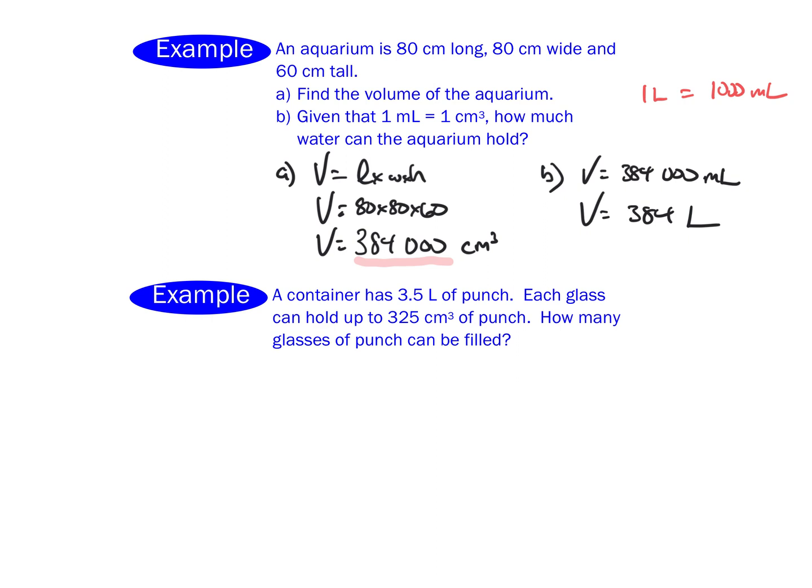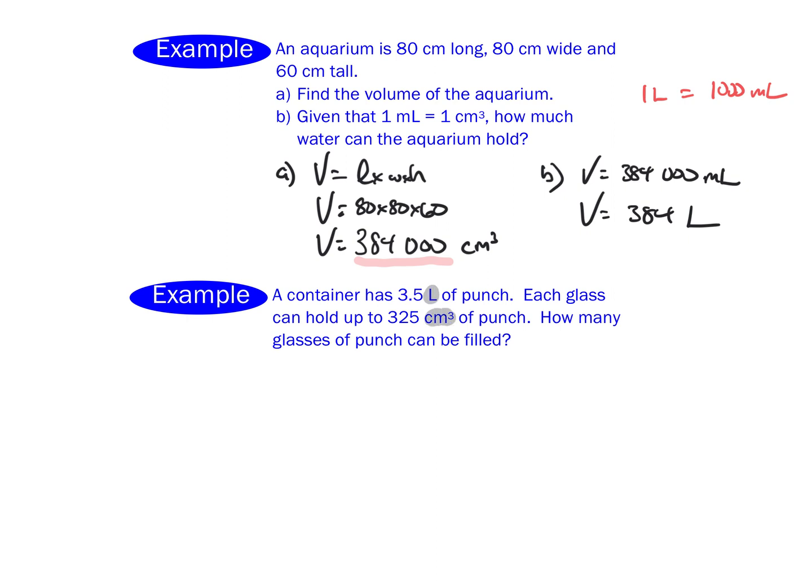One more example. A container has 3.5 liters of punch. Each glass can hold up to 325 centimeters cubed of punch. How many glasses of punch can be filled? Well, we like these both to be measured in the same unit. Let's turn these both into milliliters.